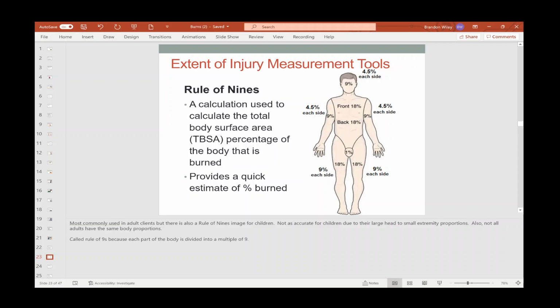You see what I'm saying? So you have to know your rule of 9. And that's the way it's going to be described. We're going to go over some of those in a few minutes. But genitals, 1%. That's the only difference. So legs, 18, 18, 18, 18 on your back, torso, 9, 9, 9. Okay?